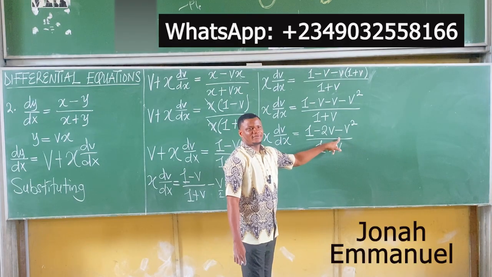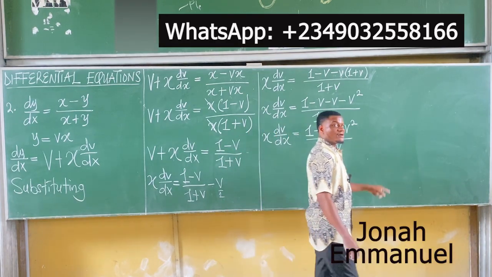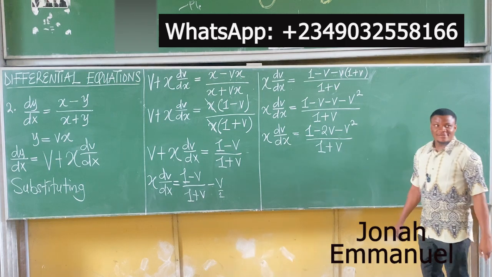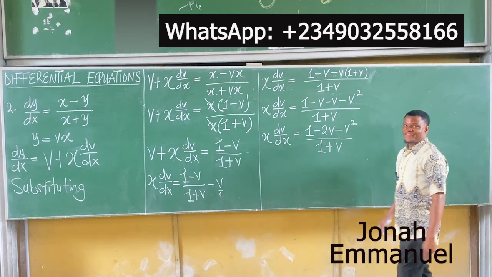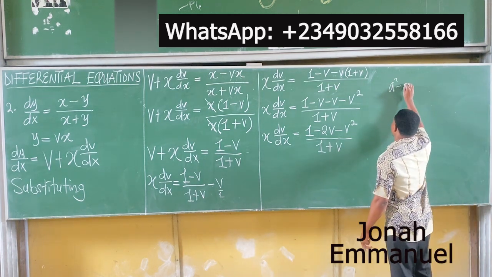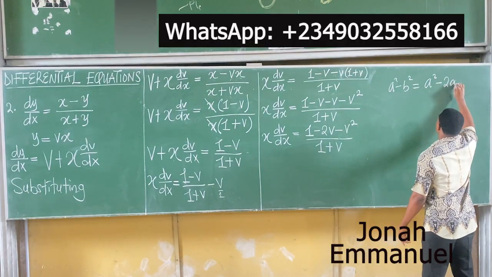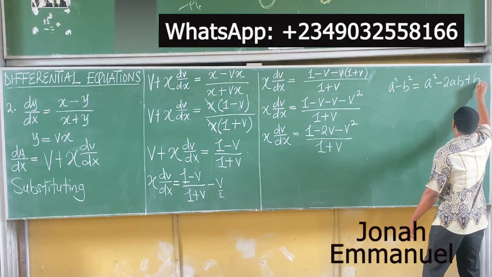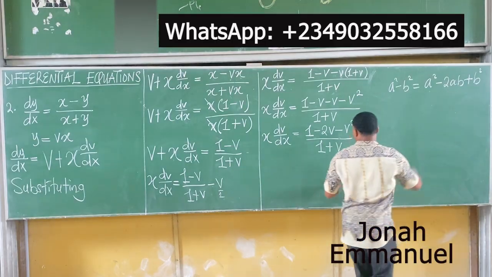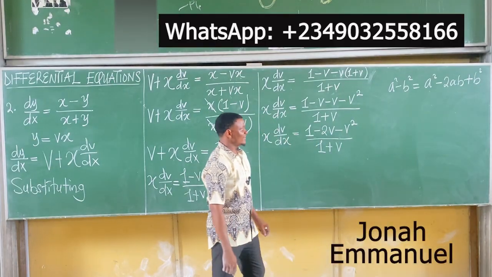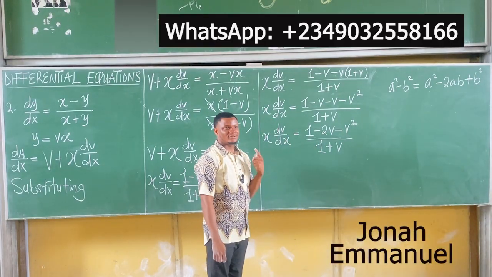If I factorize, what do I have? Difference of two squares: a squared minus b squared. Look at this thing carefully. Is there something we can work on here?